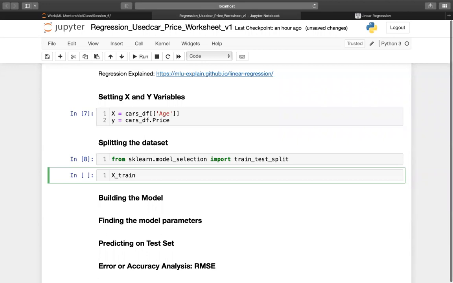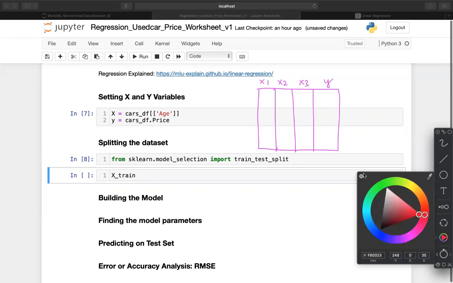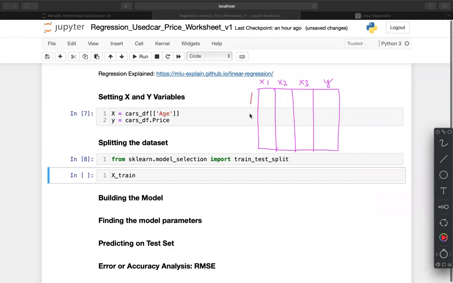What it does, as you've already seen before, is if you give a data set, right? Imagine you have x1, x2, x3, and y. It splits it into two different data sets, right?